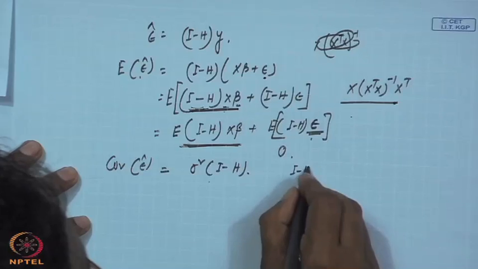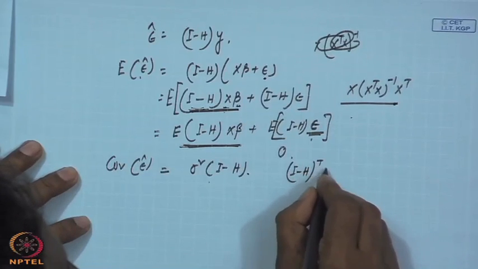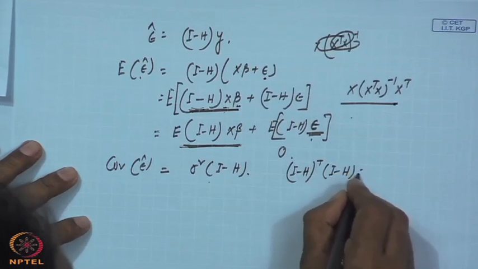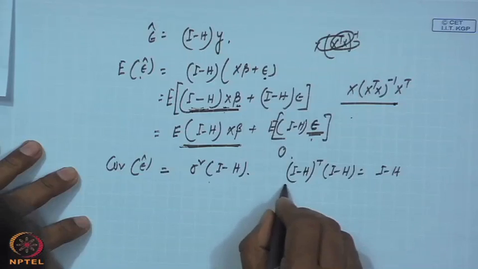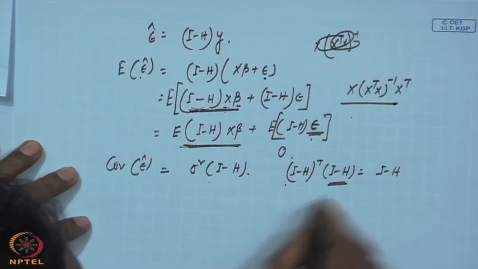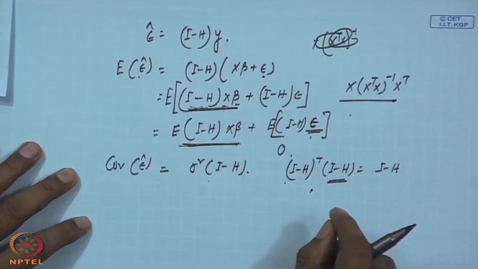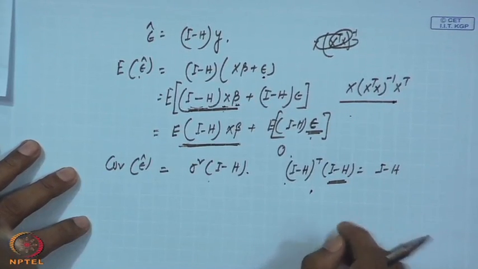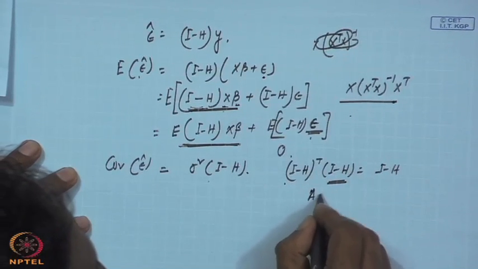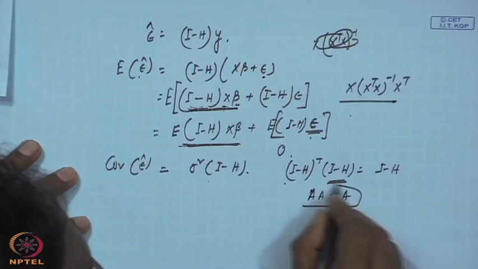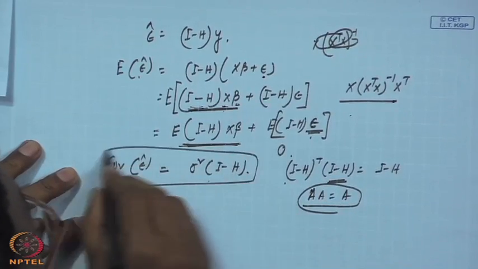(I minus H) transpose (I minus H) will become I minus H only, because I minus H is a matrix known as an idempotent matrix, that is A into A equals A. So, the resultant value will be this.